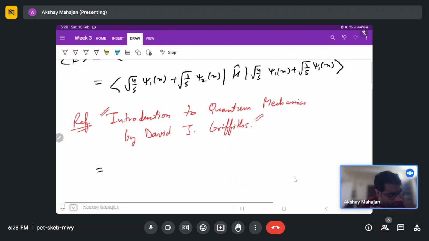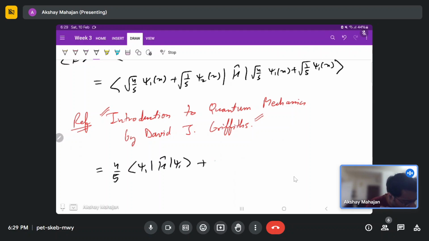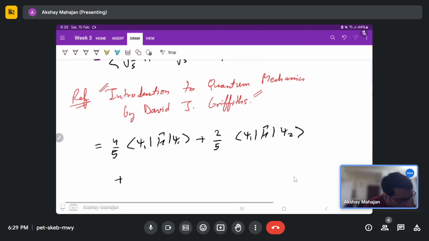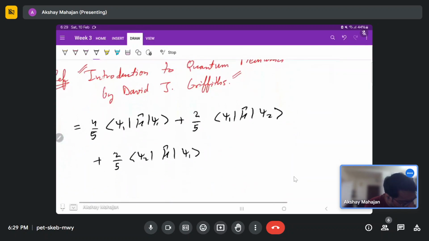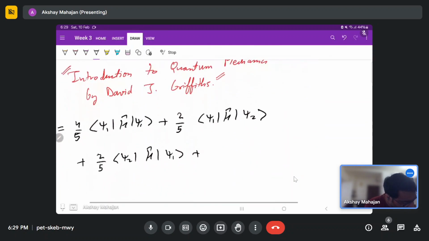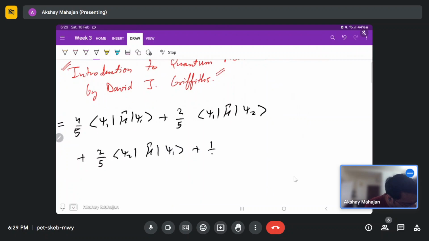So now we have to solve this problem. From here we will get 4 by 5 times psi 1 h cap psi 1, plus, this will be under root of 4 by 5 times root 1 by 5, which will be 2 by 5, psi 1 h cap psi 2, plus 2 by 5 again psi 2 h cap psi 1, and then 1 by 5 times psi 2 h cap psi 2.